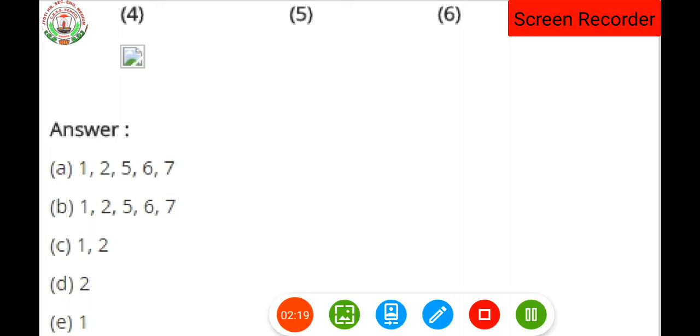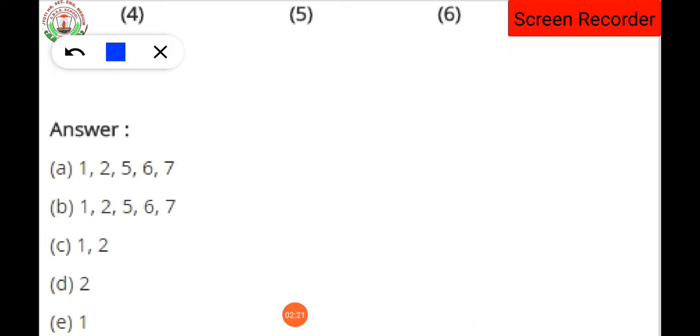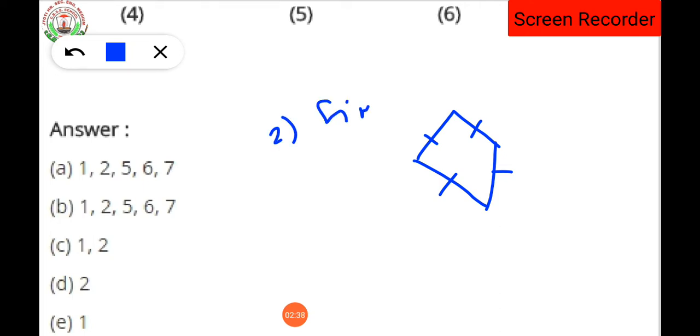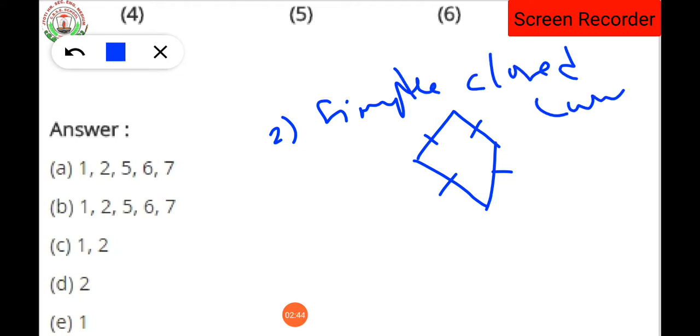Clear? Second, we are having simple closed curve. Simple closed curve means a curve which is made up of straight line segments and it should be closed from all directions. Such kind of figure is said to be a simple closed curve. Clear?